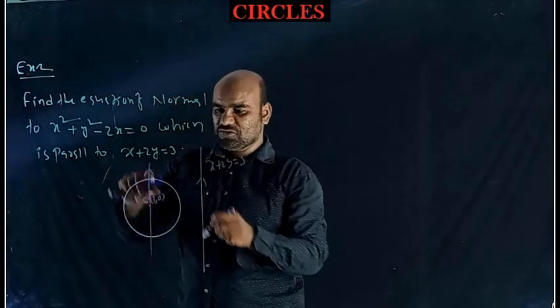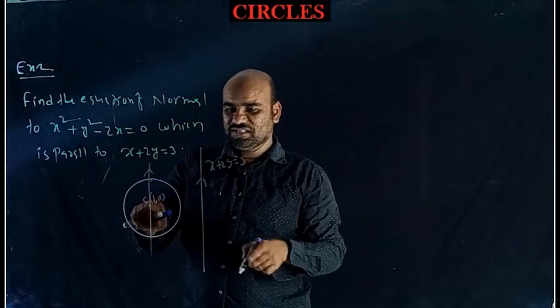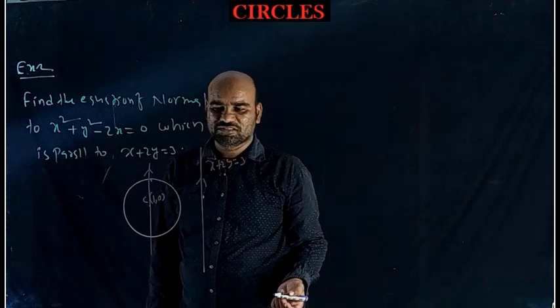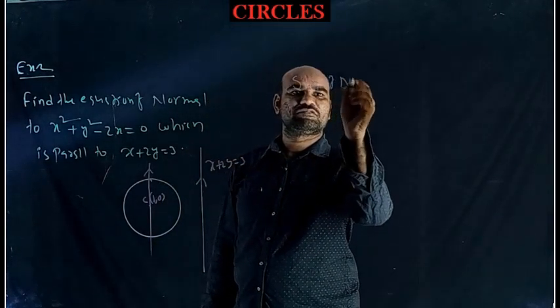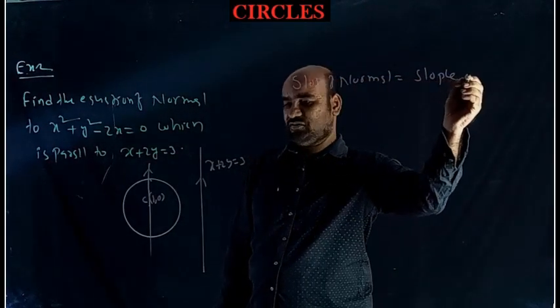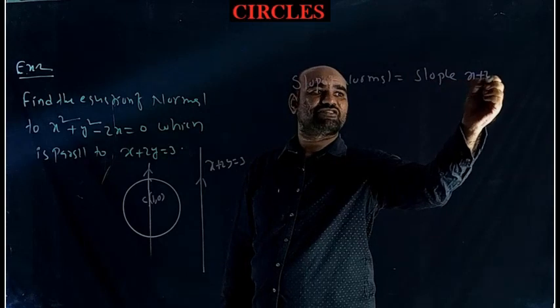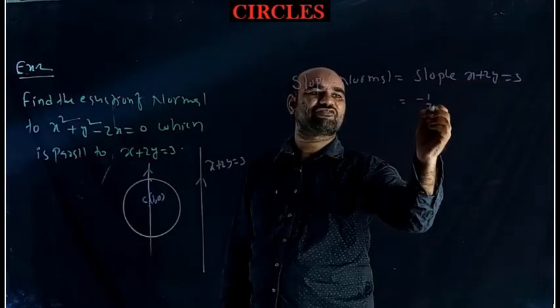These two are parallel, which means the slope of the required normal is equal to the slope of the given line. Point is there, slope is there, directly you can find. Slope of normal equal to slope of the line. Which line? x plus 2y equal to 3. So in y equal to mx plus c form, minus 1 by 2.